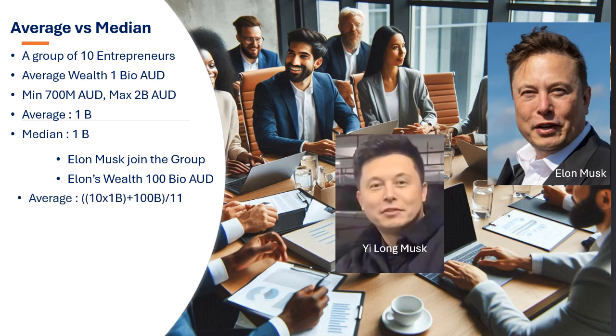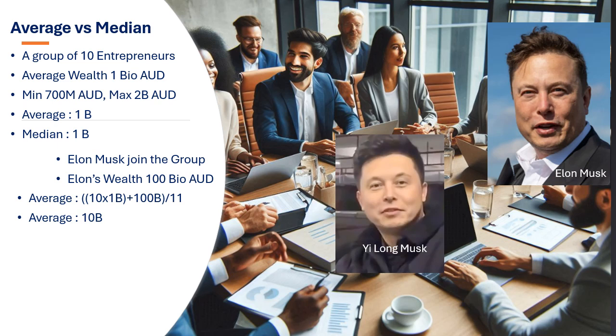This will change the average. So the average would be 10 entrepreneurs times 1 billion, which is 10, plus Elon Musk, who is 100 billion, divided by the number of people, which is now 11. So we get an average of about 10 billion for the wealth.